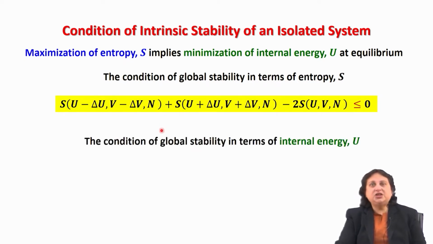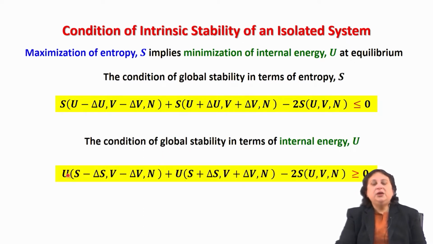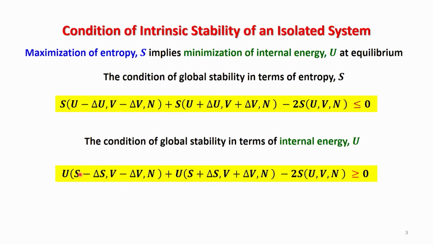So, the global condition of stability in terms of internal energy will now become U evaluated at S minus delta S, plus U evaluated at S plus delta S, minus 2 times U evaluated at the unperturbed system U, V, N, must be greater than or equal to 0.